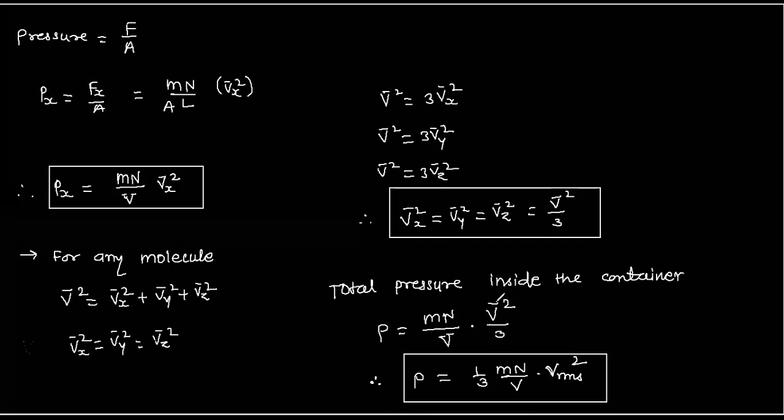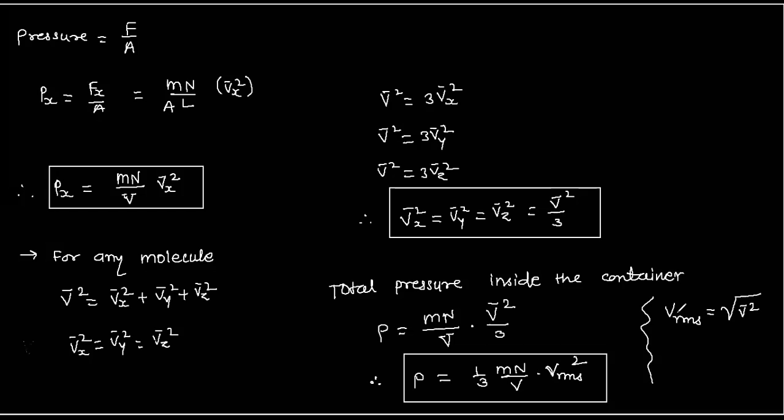Now you got this V bar and V RMS. What is the relation, sir? Keep it in mind: V RMS is equal to the square root of V bar square. If you take the square root, you get the same thing.